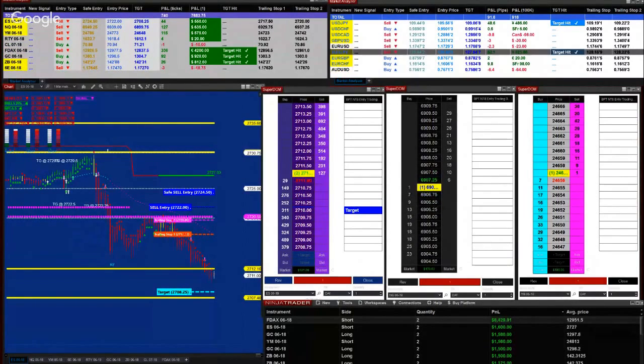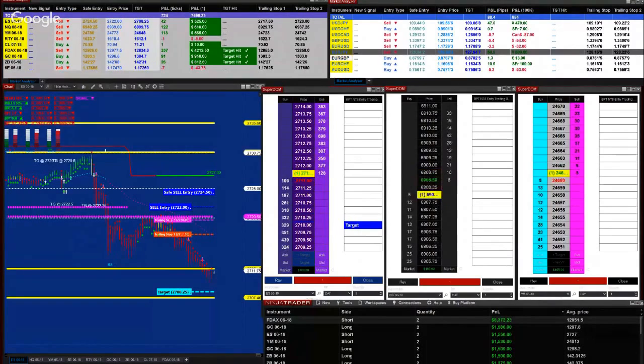Okay, we have $600 so far. I'm counting on the retracement on the ES. Let's see if we can have a retracement. Little pullback. Do not panic. Once I say close, close. Don't let a little pullback make you panic.